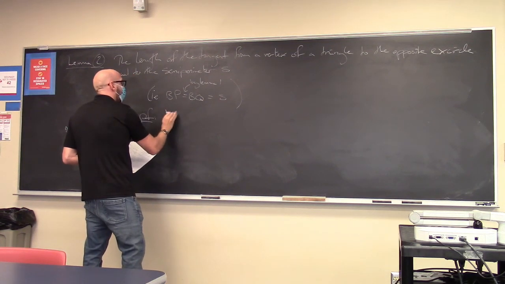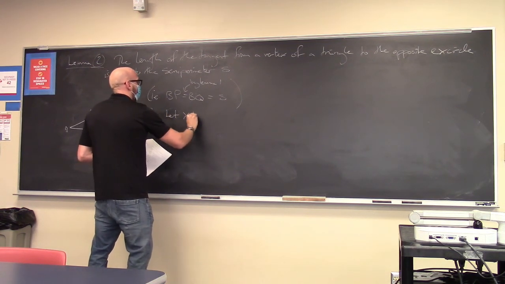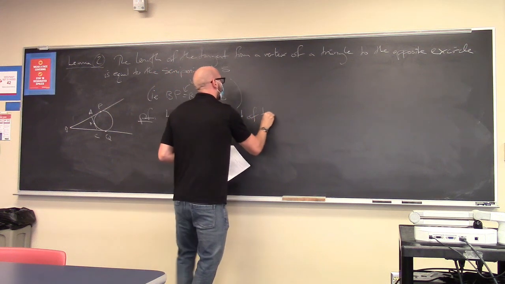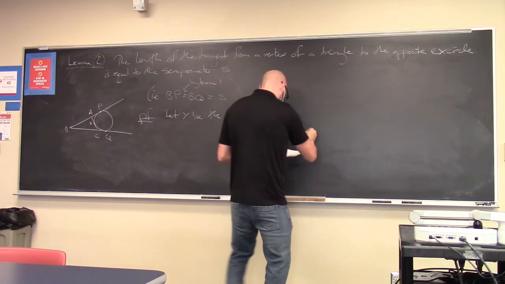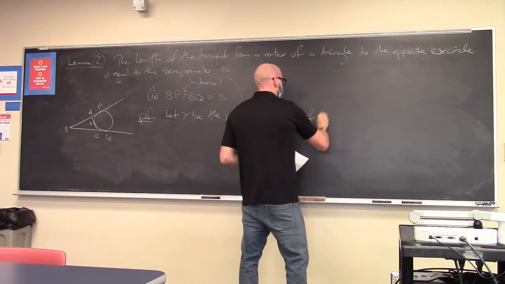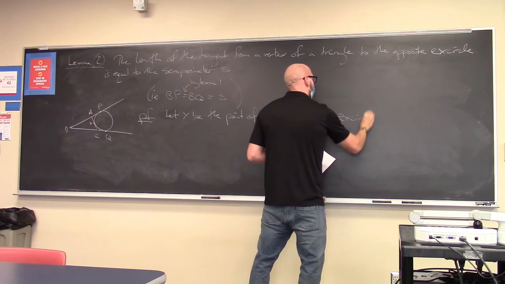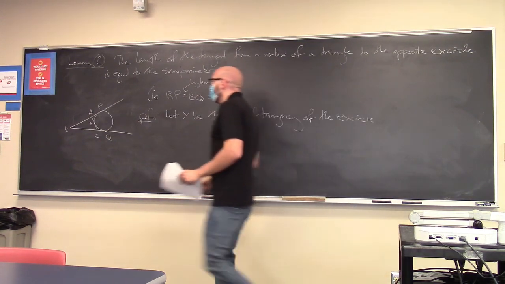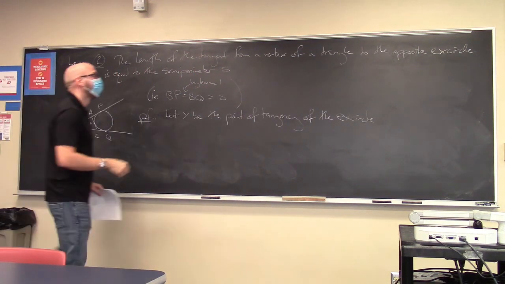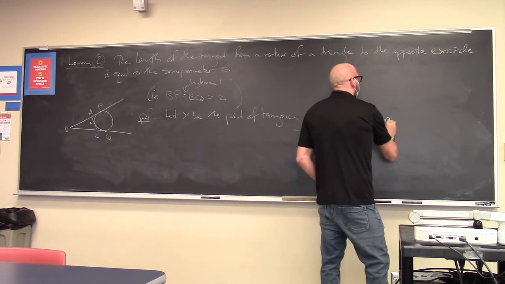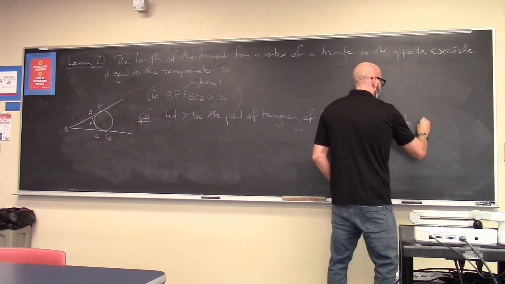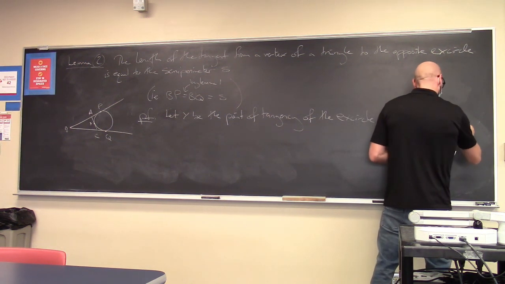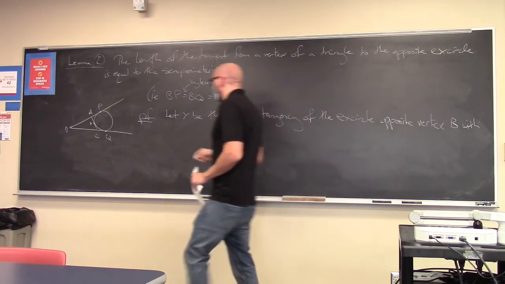So let Y be the point of tangency of the excircle, the excircle opposite angle B, or vertex B, with side AC.